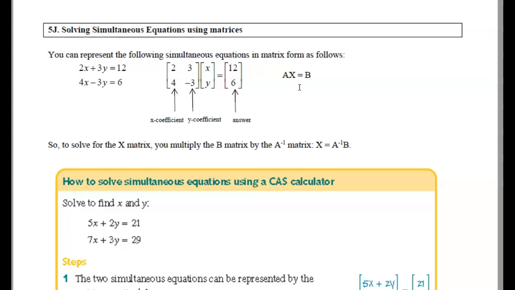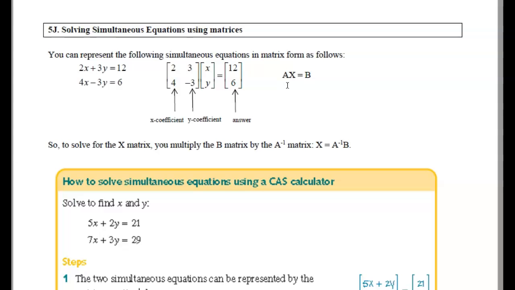In matrices, we don't do division. Division of matrices does not exist, but we take the inverse. So instead of dividing by A, we take the inverse of A. And remember, the inverse of A multiplied by A gives us 1.